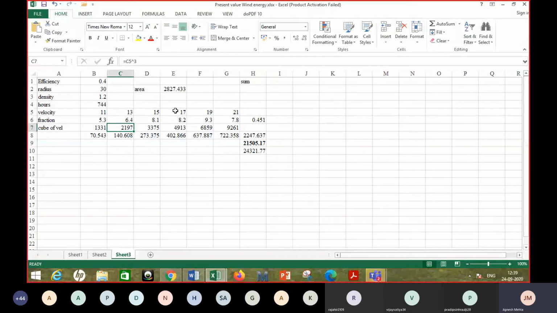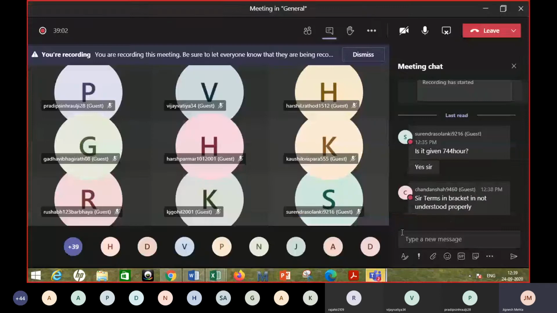For 19 it is 9.3, and for 21 it is 7.8, right? Okay, and then all required multiplications have been done.